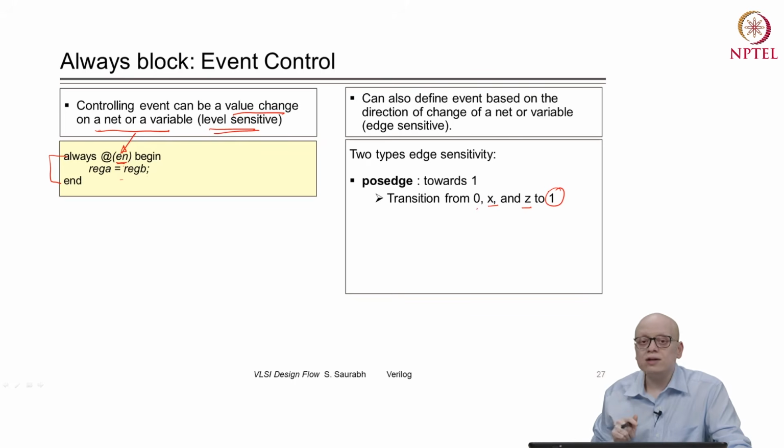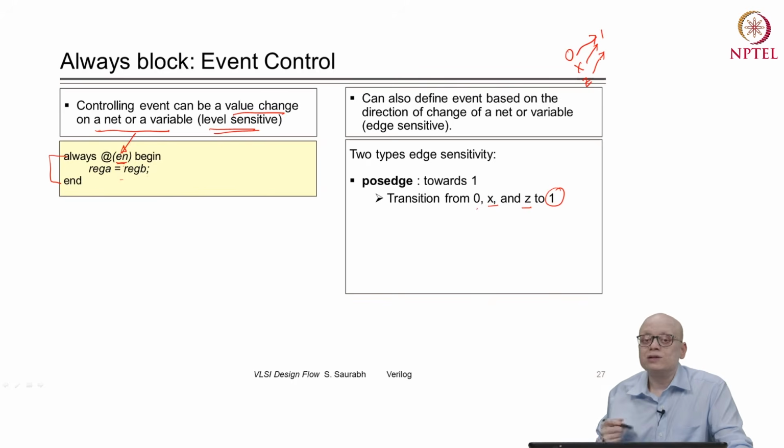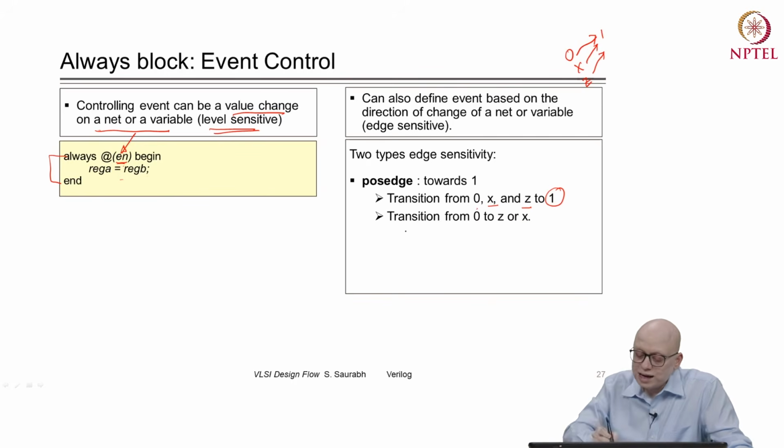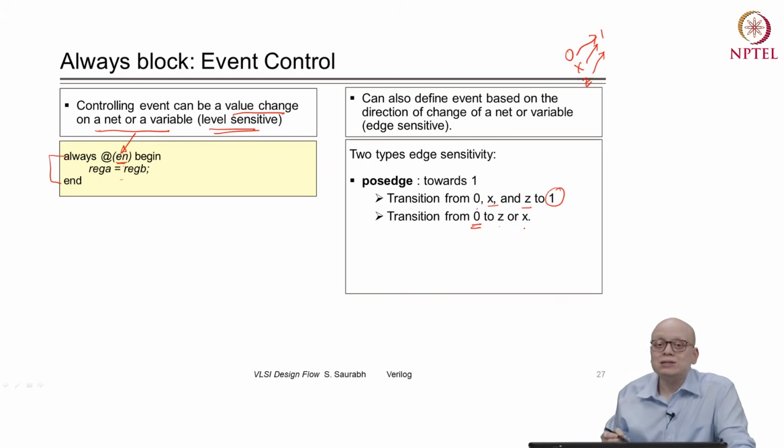Remember that Verilog is a 4 valued logic. So, we have to not only bother about the 0 to 1 transition, but we also have to consider the transition x to 1 or z to 1 as a positive edge. Also, you should note that the transition from 0 to z or x is also treated as a pos edge as per the Verilog language.